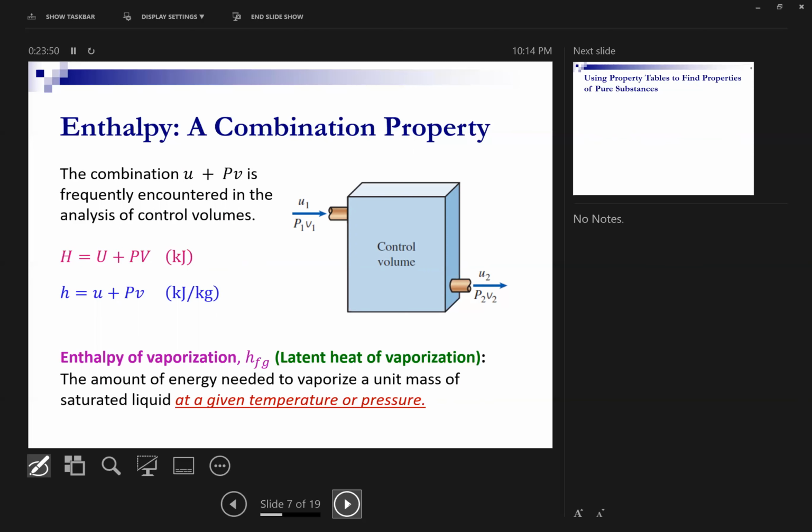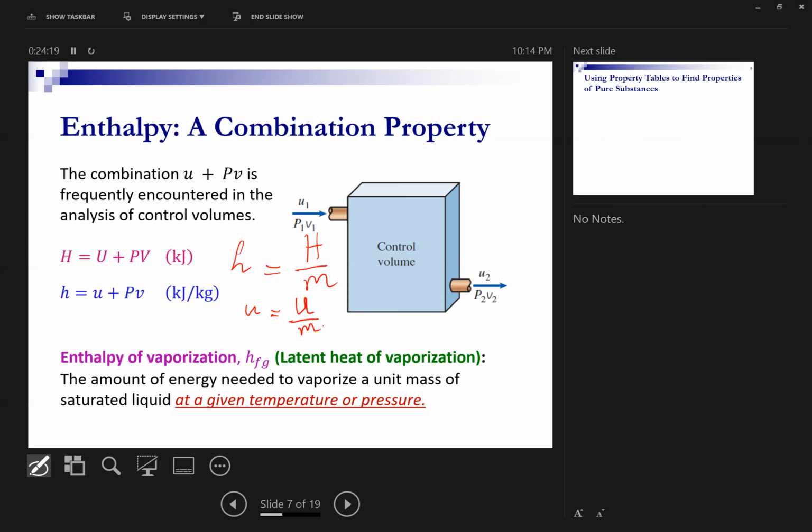So let me write down here that lowercase h equals the capital H divided by mass. Pretty much similar to u, right? You remember we said that a specific internal energy equals total internal energy divided by mass. All right.